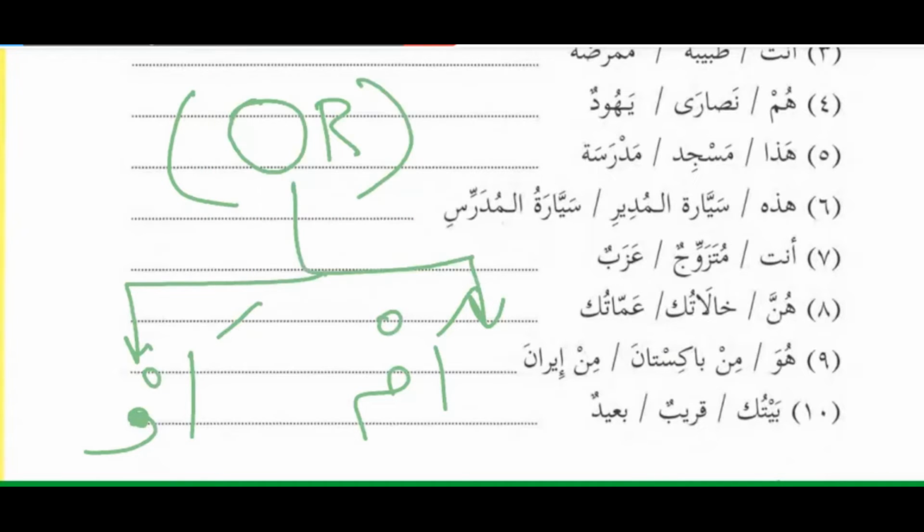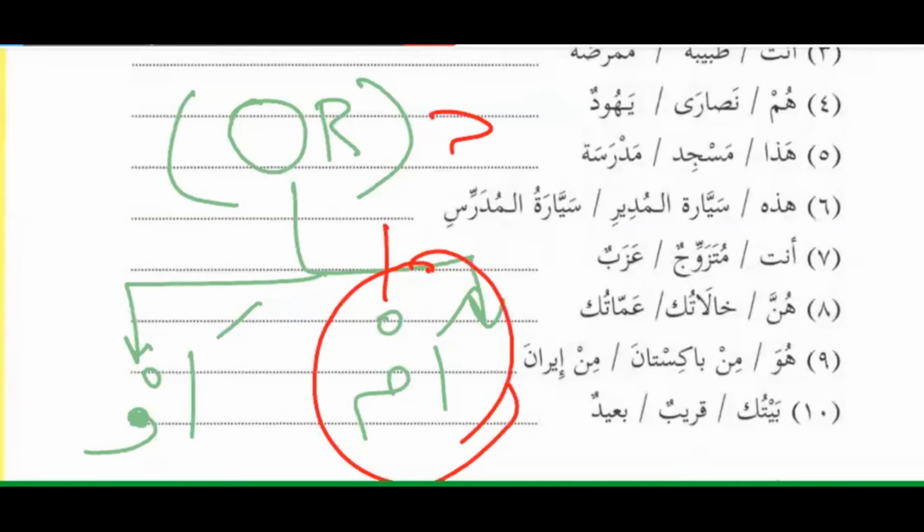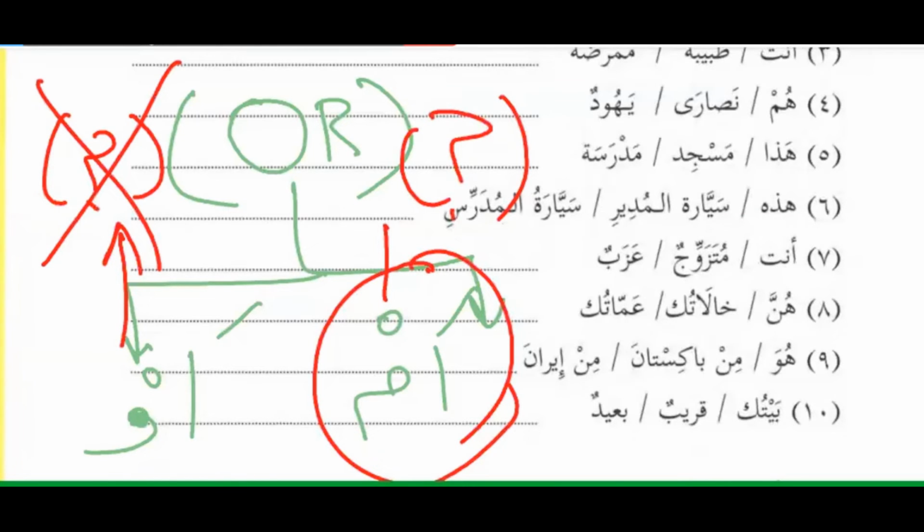Please mute your mics. Now we know that the أم will come if it is a sentence with a question, and the أو will come if it is without a question. So once you are reading the Quran and you get أم, for sure you will say there will be a question in this sentence.